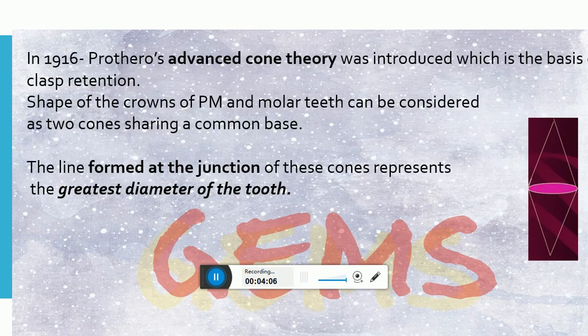This principle was formulated by Dr. Herman. It resides within the normal contour of an abutment and functions to retain and stabilize an RPD. Correct? And yes, there are many advantages and disadvantages also. That is not important from the point of view of the MCQ. We will take up later. And yeah, limitations also.